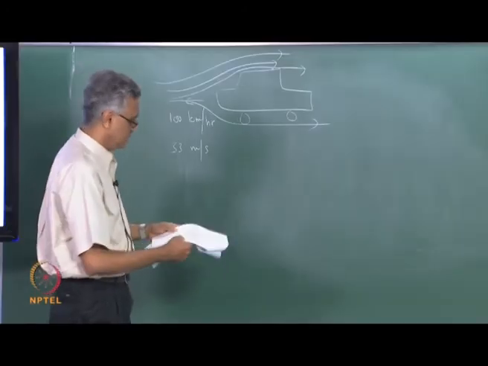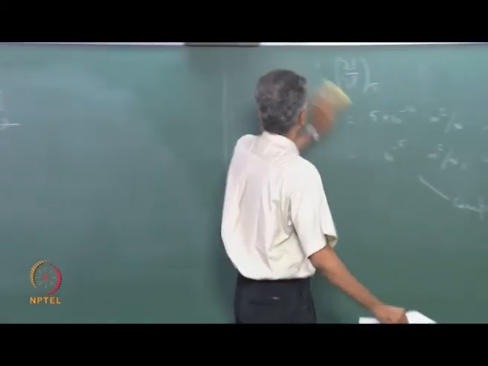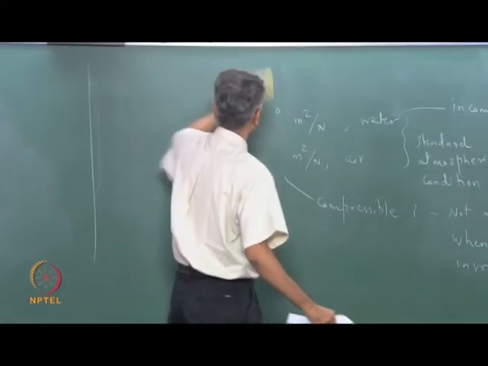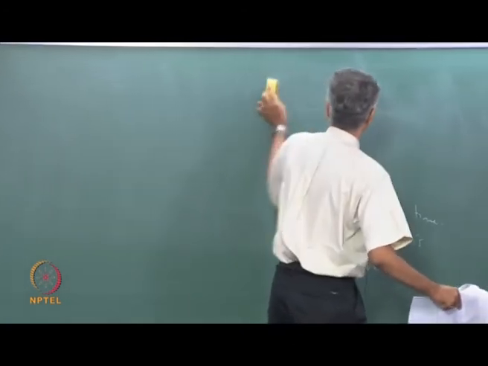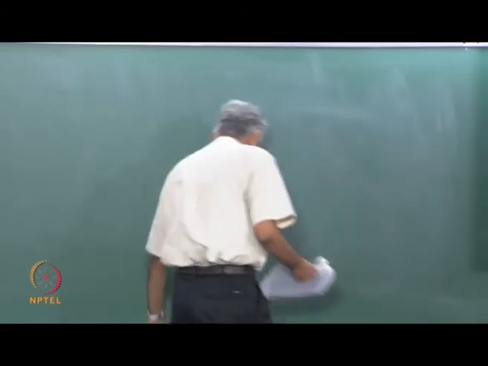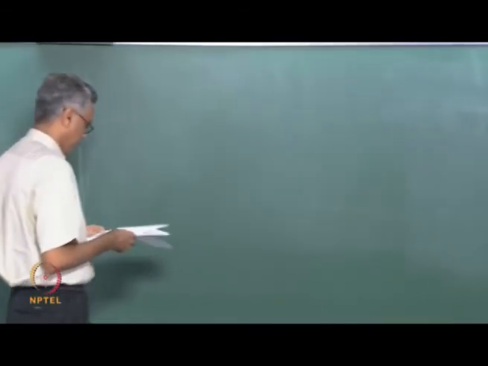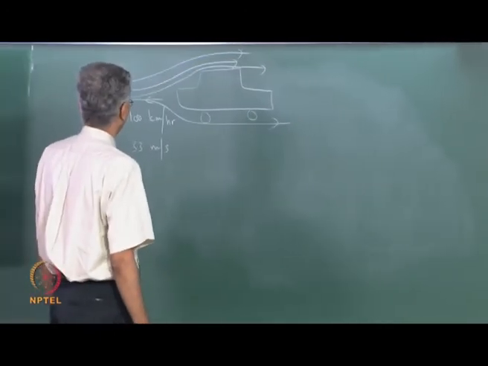In order to do this, what we are going to do is the following. We are going to bring in an estimate of changes in density and changes in pressure to evaluate this quantity, and we will relate that to the flow velocity.